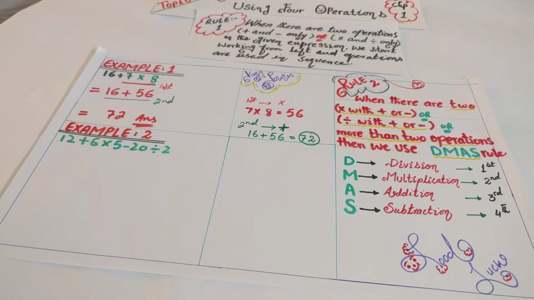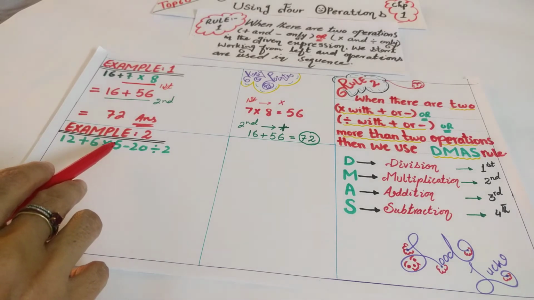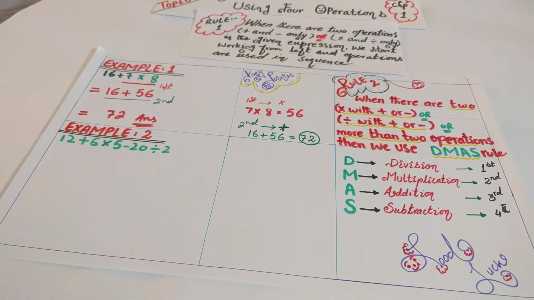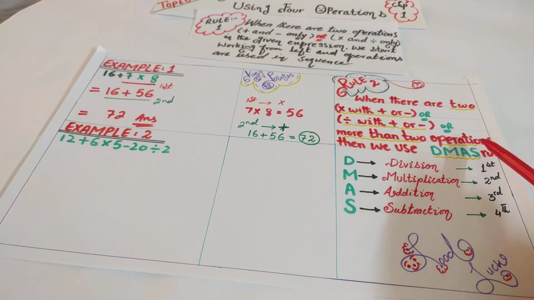Come to the next example. 12 plus 6 multiplied by 5 minus 20 divided by 2. Now this one is your condition number 2: more than 2 operations.